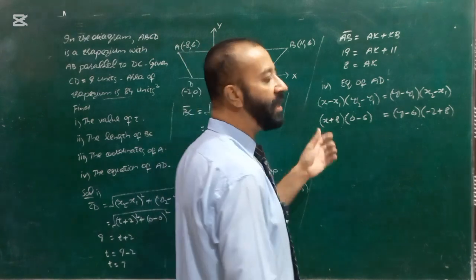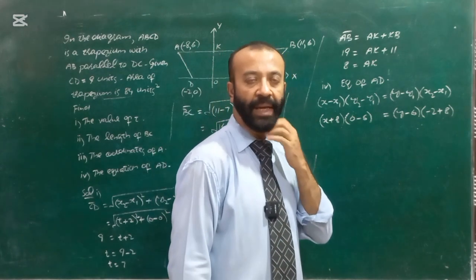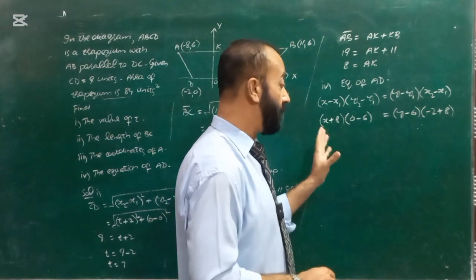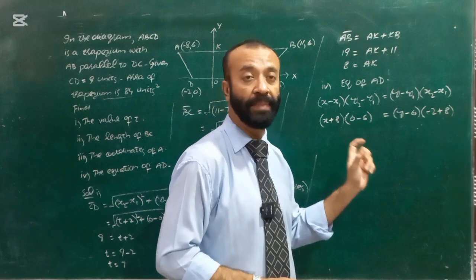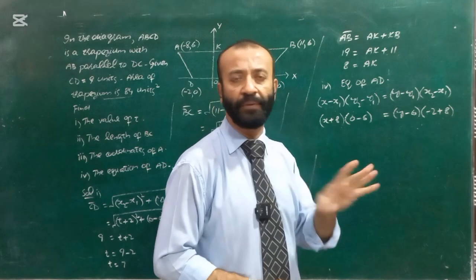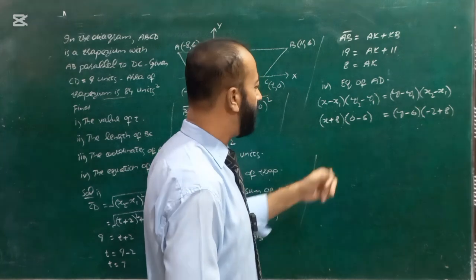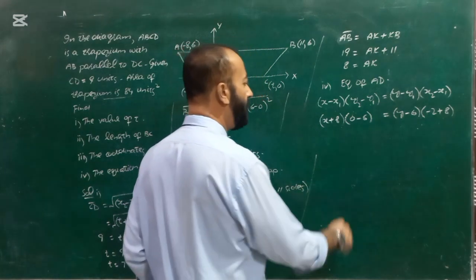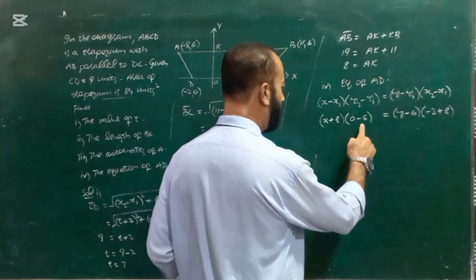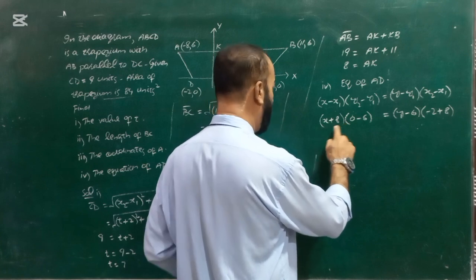Okay, you have to be very careful about x1, y1, and the signs plus minus. If you commit a minor mistake, the full question will be wrong. So be very careful about x1, y1 and the signs. So at this step, you will simplify the values. So this minus 6 will be multiplied inside the bracket.